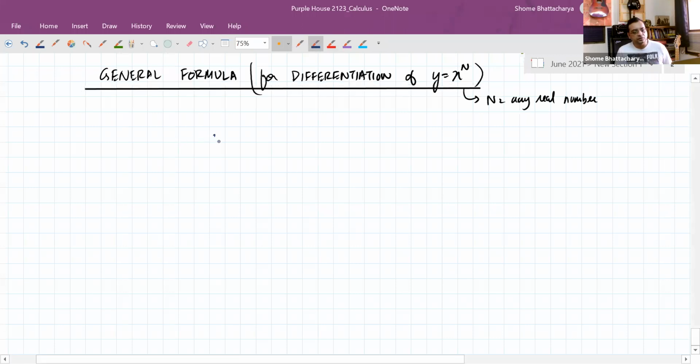That is given by this simple relation: n into x to the power n minus 1.